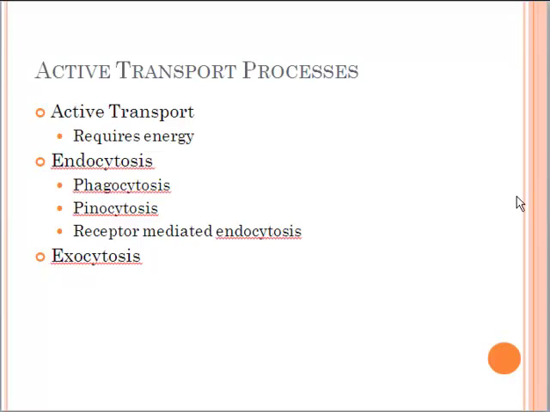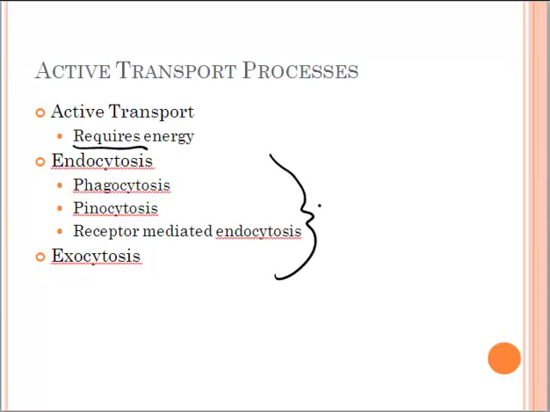Okay, there's also something called active transport. Active transport is active because it requires energy in order for it to happen. So, we're going to look at how active transport occurs. We'll also look at endocytosis and exocytosis.